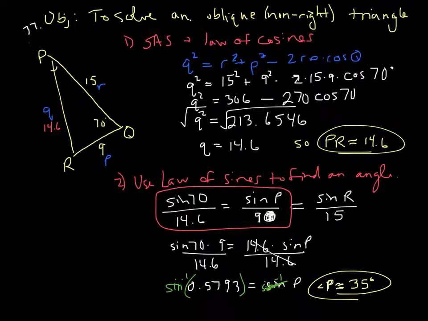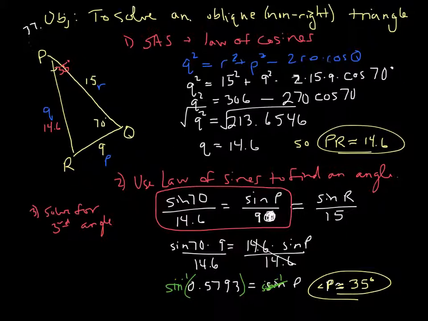You've got one more thing to solve for, and that would be angle r. Don't make more work for yourself than you have to. Now that you know this is 35 degrees, you know 2 angles of your triangle, and my third and final step is to solve for the third angle. And no, you're not going to do law of sines or law of cosines. You are going to use the fact that the 3 angles of a triangle add up to 180 degrees.